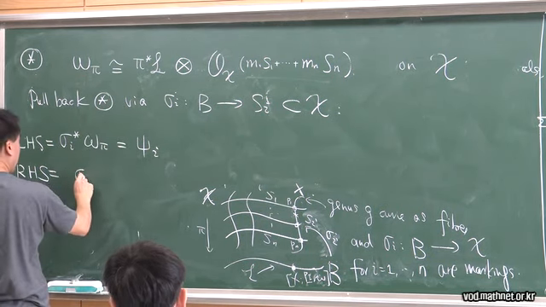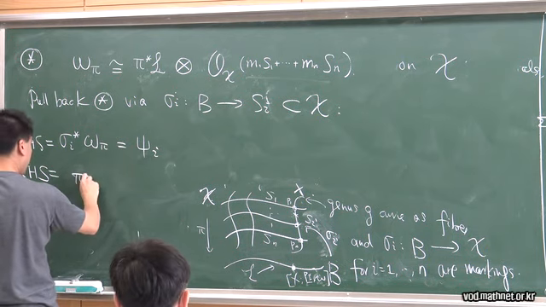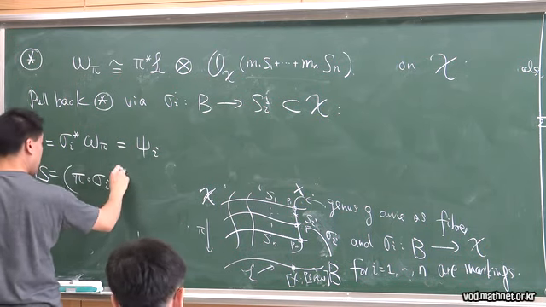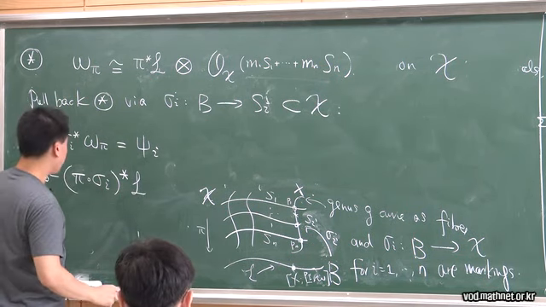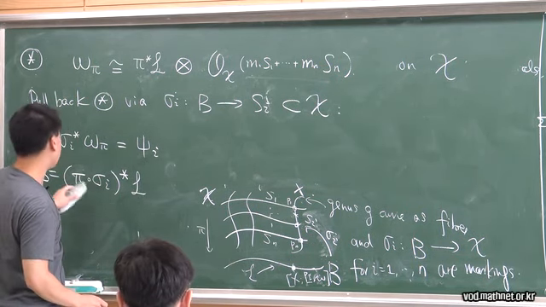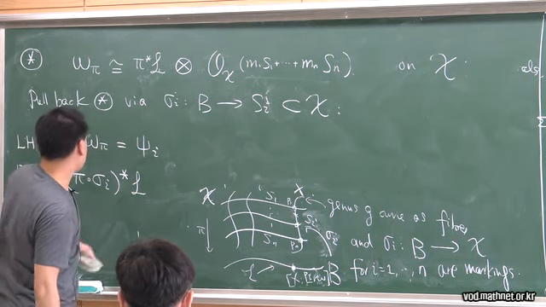So I have pi composed with sigma i, then I pull back. Yeah. Okay. So that gives you sigma i.